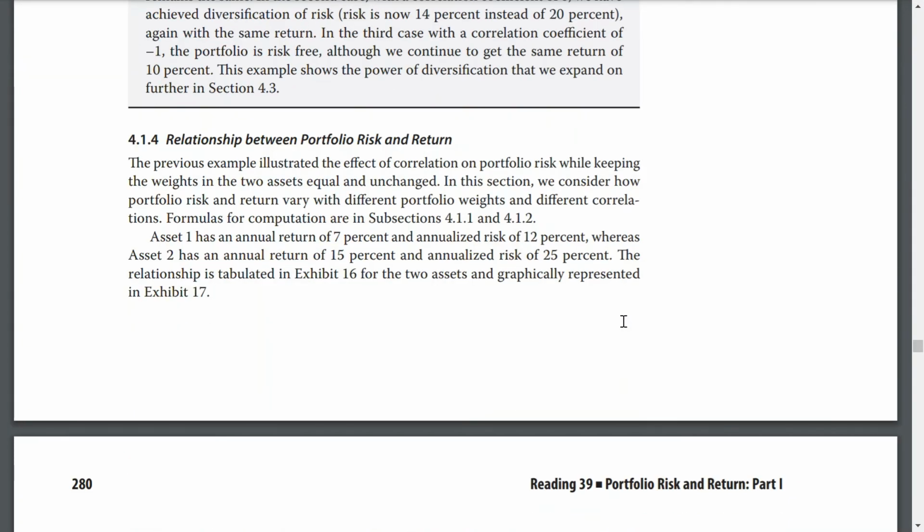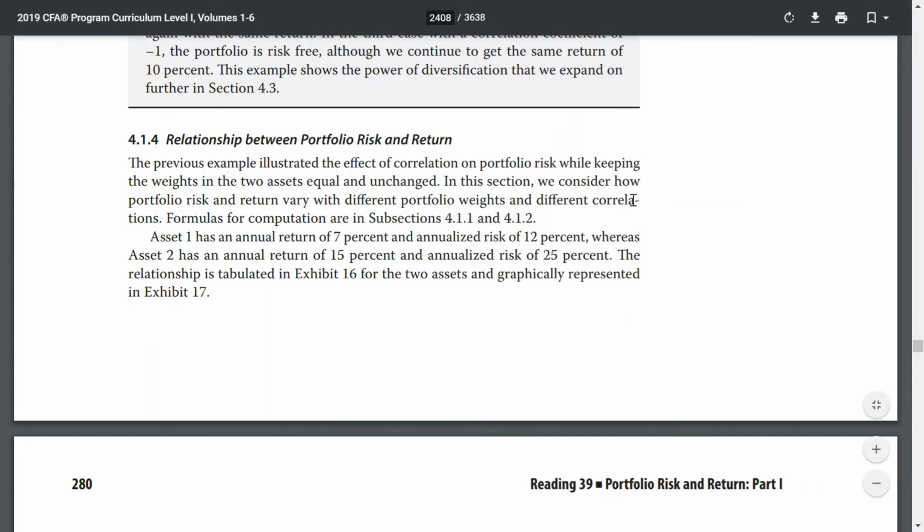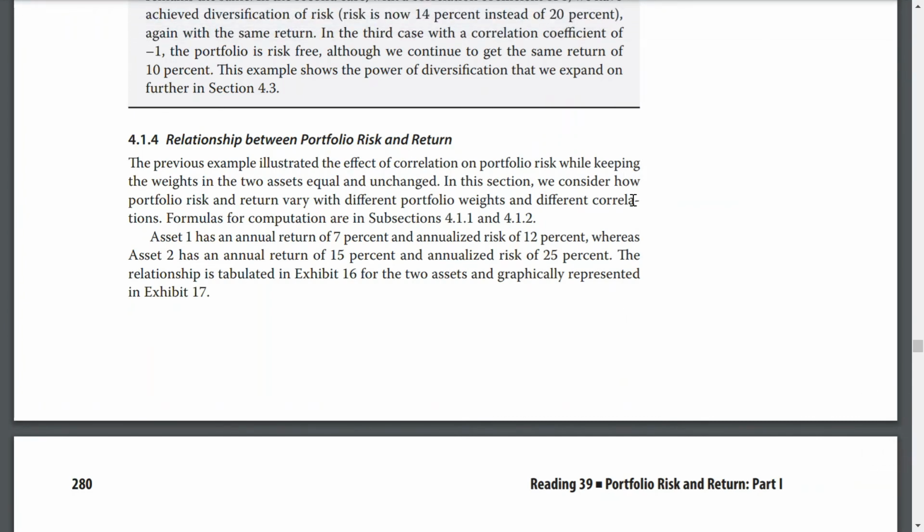Relationship between portfolio risk and return. In previous examples, we illustrated the effects of correlation on portfolio risk while keeping the weights in the two assets equal and unchanged. In this section, we consider how portfolio risk and return vary with different portfolio weights and different correlations. Formulas for computation are in subsections 4.1.1 and 4.1.2.